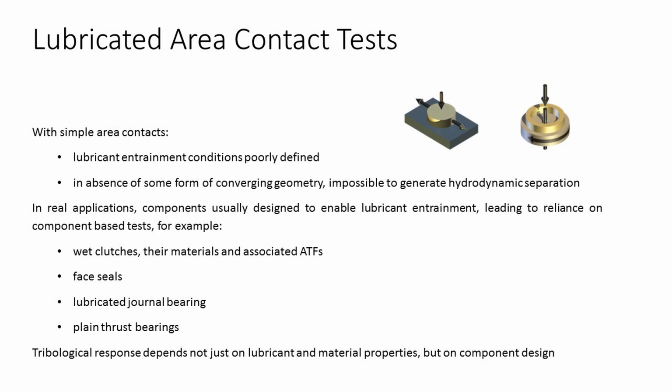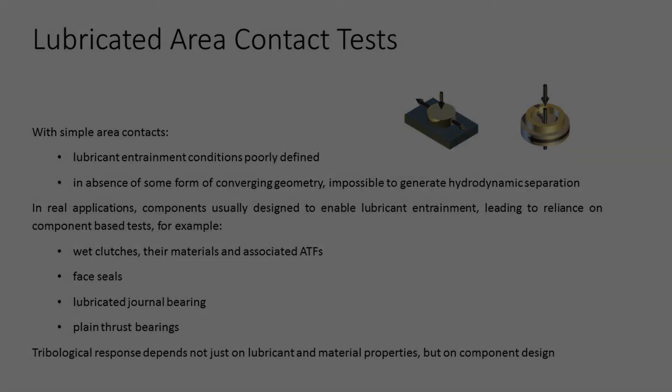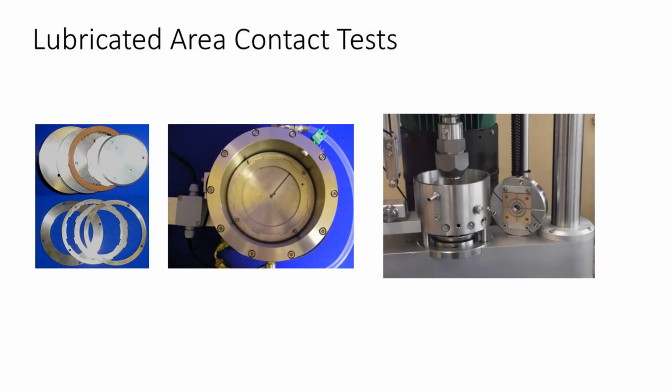This frequently leads to a reliance on component-based tests, particularly in the case of wet clutches, their materials and associated ATFs, face seals, and lubricated journal and plane thrust bearings. In these cases, the tribological response depends not just on lubricant and material properties, but importantly on the design of the components.